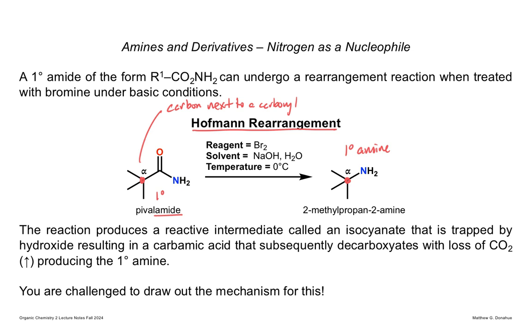So in terms of the mechanism, we need to use bromine as an electrophile and then sodium hydroxide and water as a base. And what we're doing is essentially extruding that carbonyl group. So the reaction proceeds through an intermediate called an isocyanate. So I'll draw that over here.